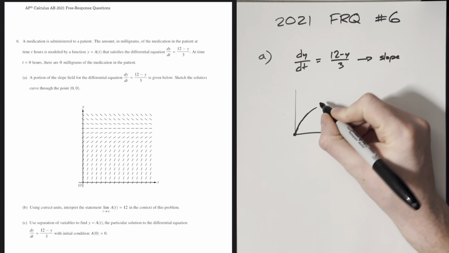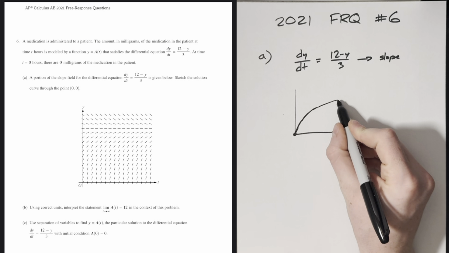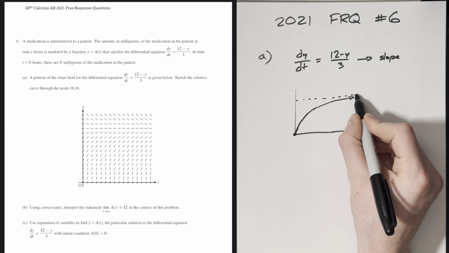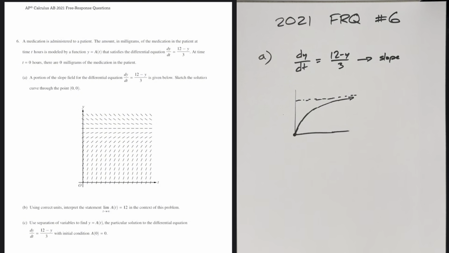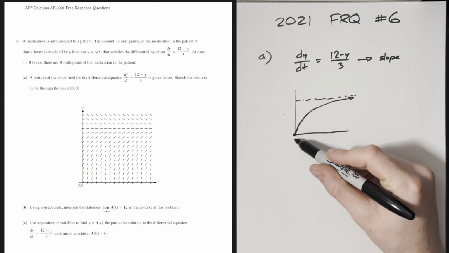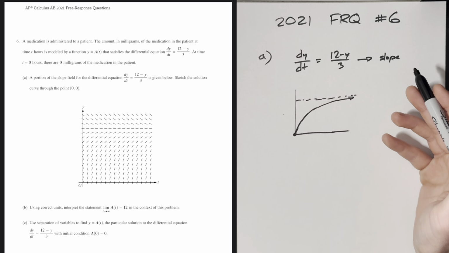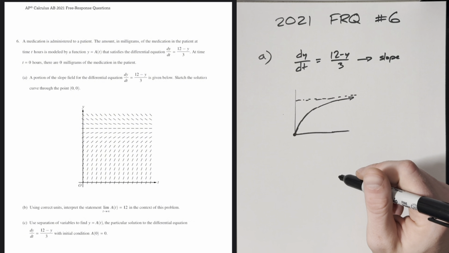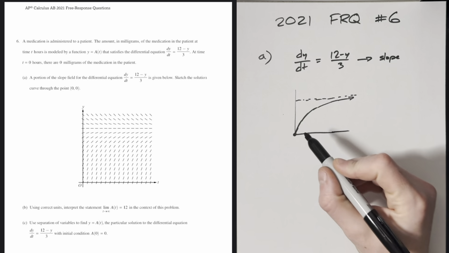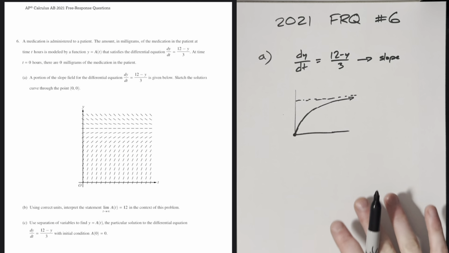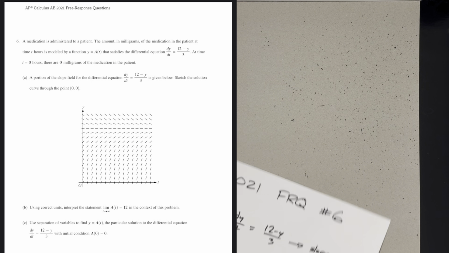And it will slowly flatten out as I approach that line where there are those horizontal dashes. Because when there are horizontal dashes in a slope field, that represents an asymptote, right? So at y equals whatever, there's an asymptote. So we're going to approach it, but never quite reach it, just by following those little dashes in our slope field. So that's part A. All we gotta do, follow the dashes, make sure you got the right starting point, don't cross the asymptote. Not too tricky.